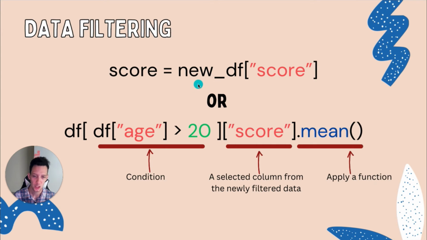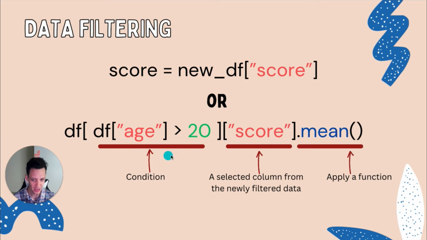Now, you won't see this as much, because more commonly we can break this down. I'm going to do that for you guys. But additionally, we could just put it in one single line. We have our original data frame. The first thing we want to do is create a condition, so I want to choose everyone who is over the age of 20.